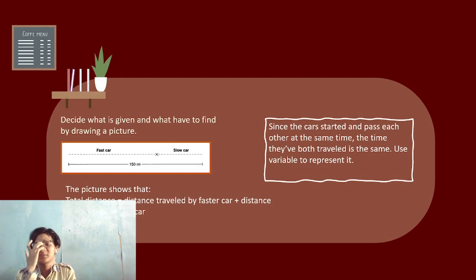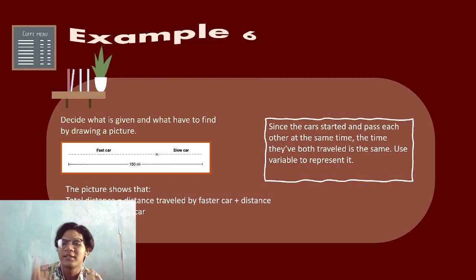The solution is, decide what is given and what we have to find by drawing a picture. The picture shows that total distance is equal to distance traveled by the faster car plus distance traveled by the slower car. Since the cars started and passed each other at the same time, the time they've both traveled is the same. Use a variable to represent it.